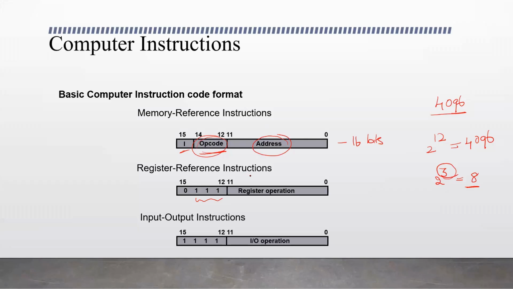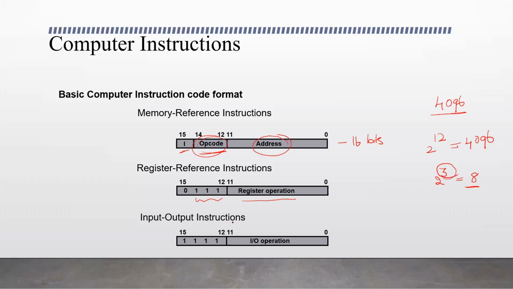And for register reference instruction, we don't need to have a memory reference, because the operations will be performed on the data in the registers. There is no memory reference needed. So here in the address part, we will not have the memory address. And here the opcode will always be 111 for register reference instructions.